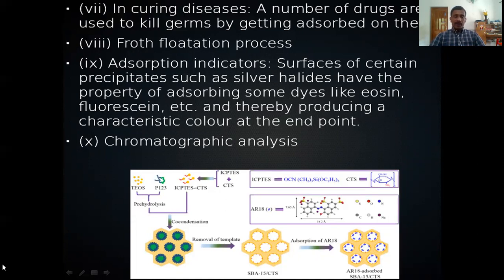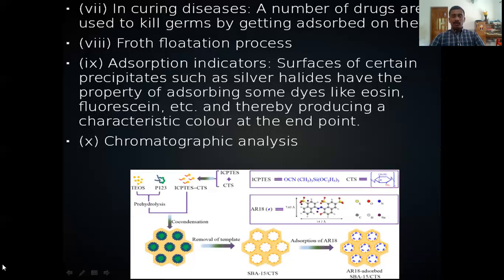So for the purification of ore, we can use froth flotation. In froth flotation method, the ore particles are adsorbed by the froth. So adsorption is used there.